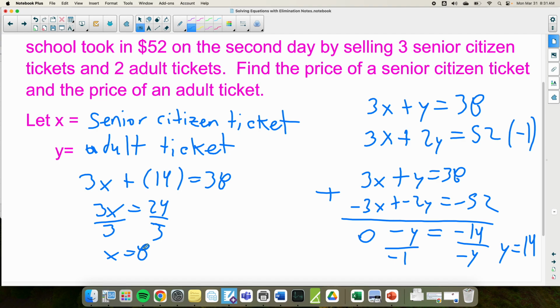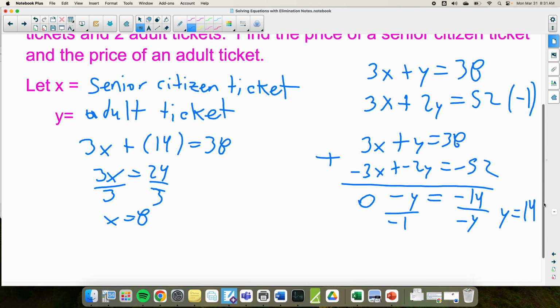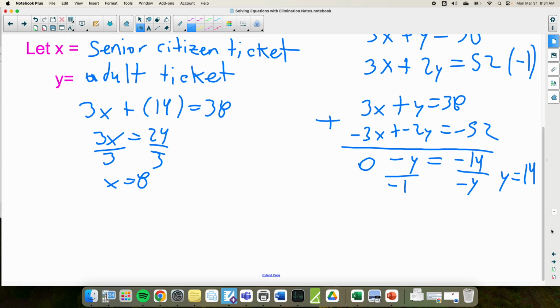So that means that it was $8 for the senior citizen ticket. And $14 for the adult ticket.